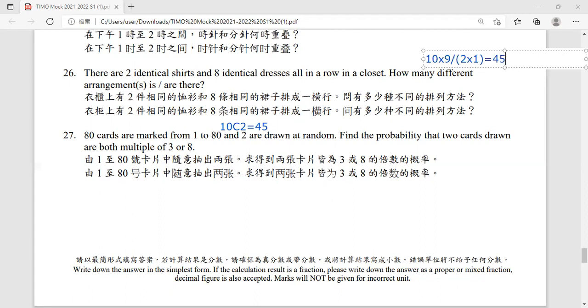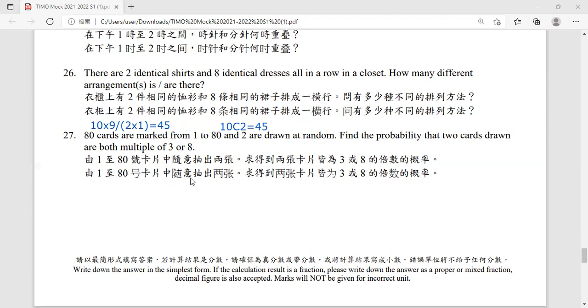So it's 45. Any questions? You can use C, or you can just calculate yourself from scratch.